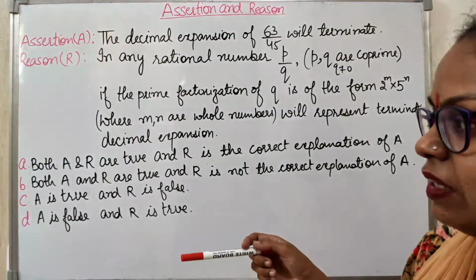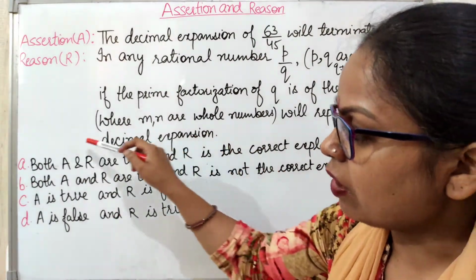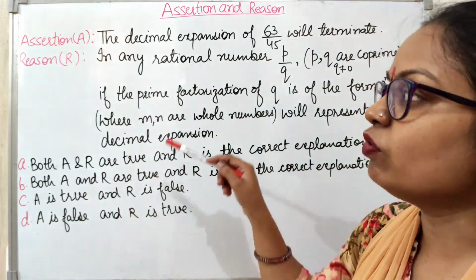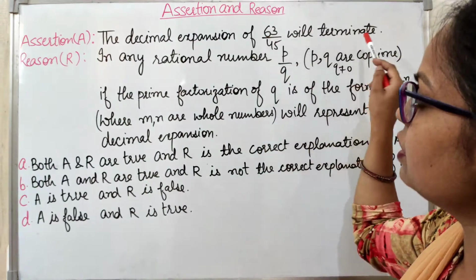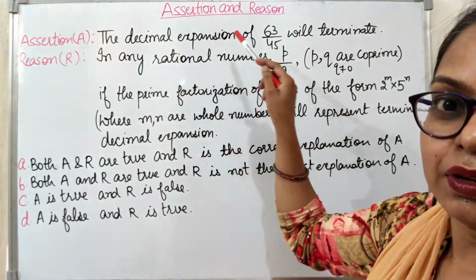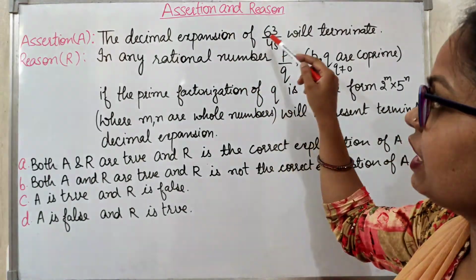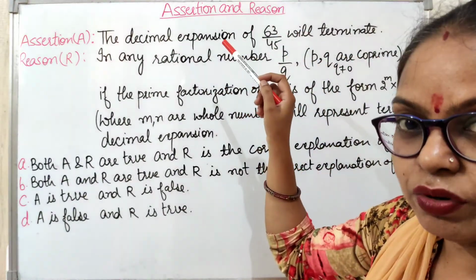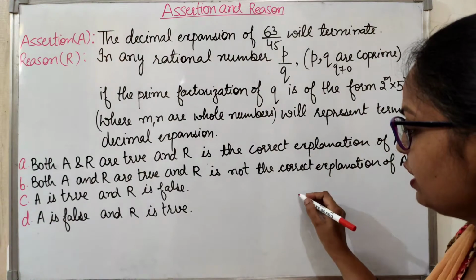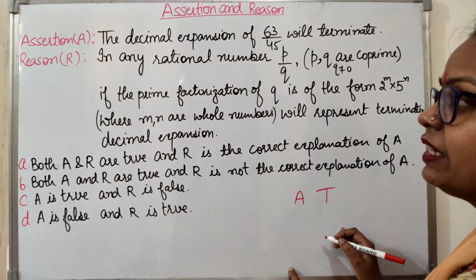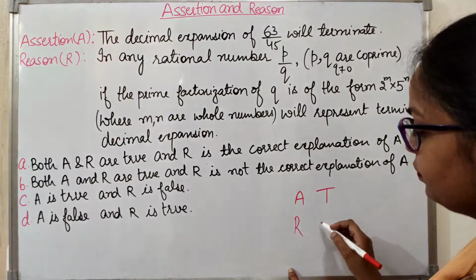So what does it mean? When we have to check which option is correct, first of all we have to read this carefully. First, check the assertion: is the assertion true? If the assertion is true, then you will check: is the reason true?